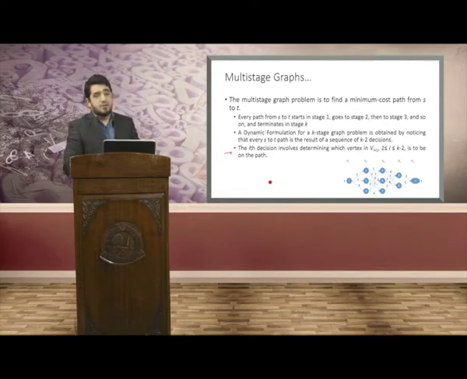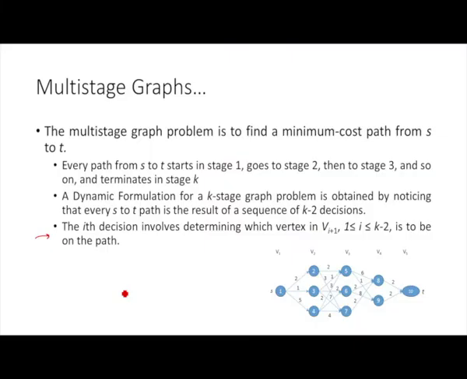In our example, let's suppose we are at stage number 1 and we have chosen node number 1. Which particular node in the next stage has to be chosen such that the path we select has the minimum cost? And these decisions have to be made only for k minus 2 stages.